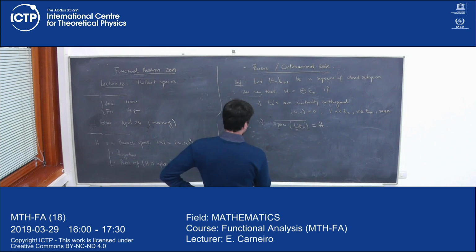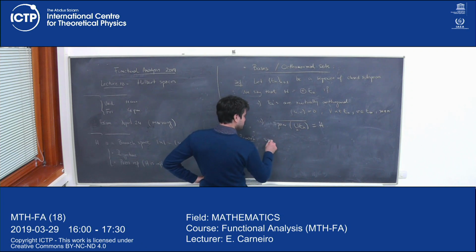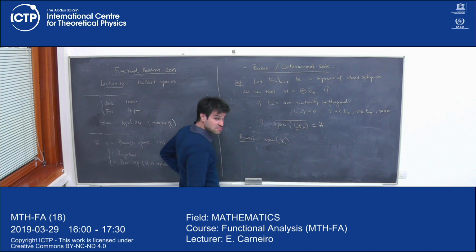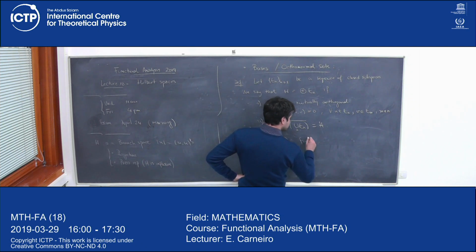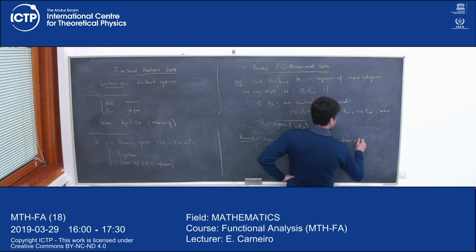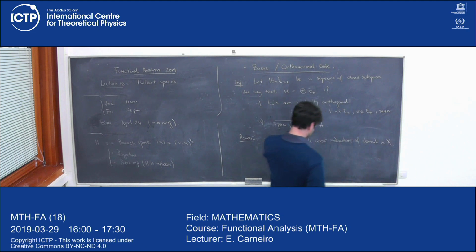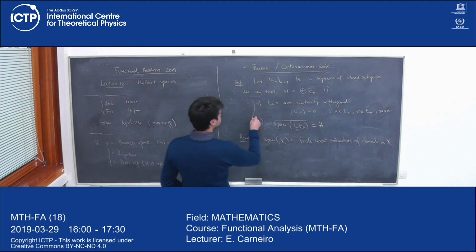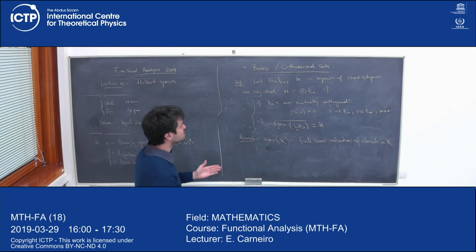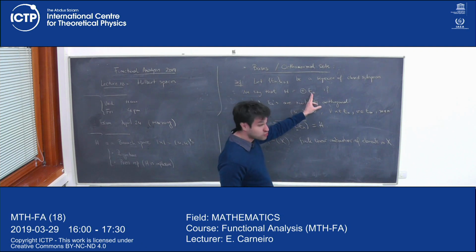Okay, so recall, a remark: whenever I talk about the span of a set X, I mean finite linear combinations of elements in X. So let's investigate the situation where I can write my Hilbert space H as a direct sum or Hilbert sum of closed subspaces.